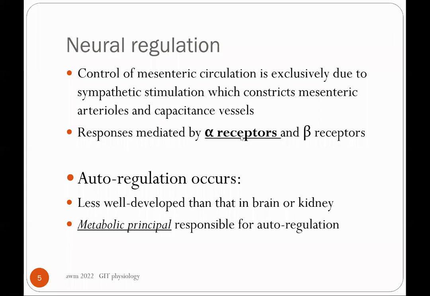They're going to be responsible for vasodilation of the vessel so that they can be ferried away from that particular region. So what I wanted you to take home is that vasoconstriction is as a result of sympathetic stimulation, but relaxation and vasodilatation of the vessels will occur as you get a buildup of metabolic byproducts.